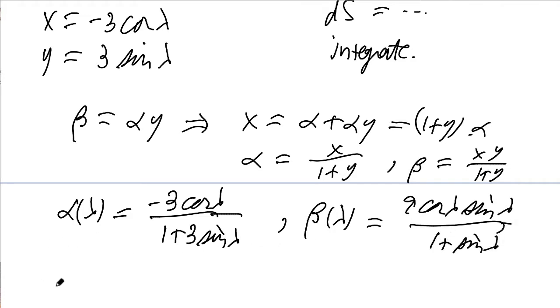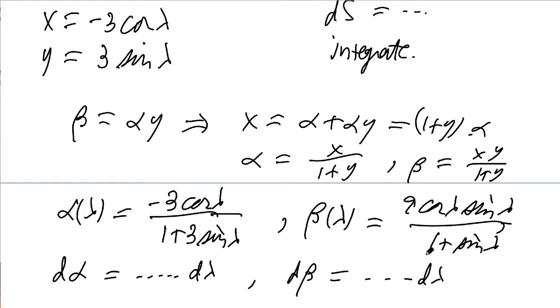Okay, and from here we can compute d alpha. That would give us some expression times d lambda, and also d beta. That would just be the derivative of this with respect to lambda times d lambda.